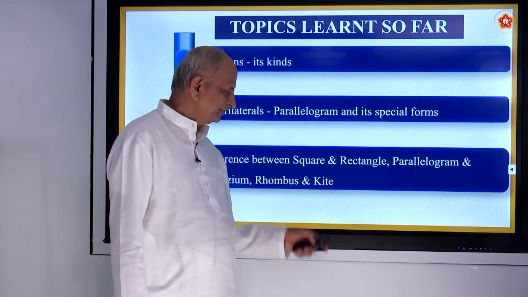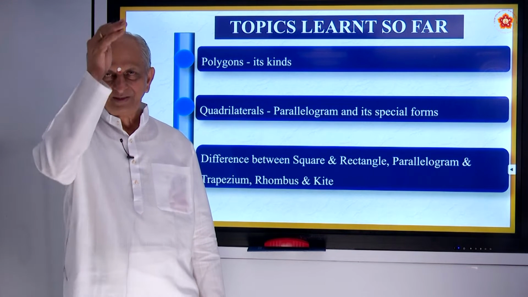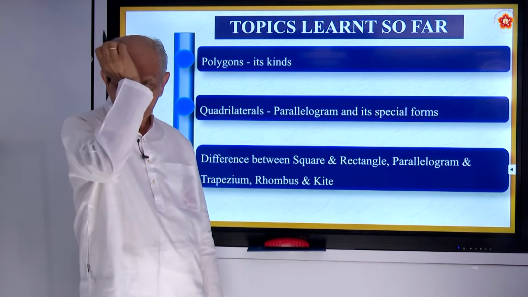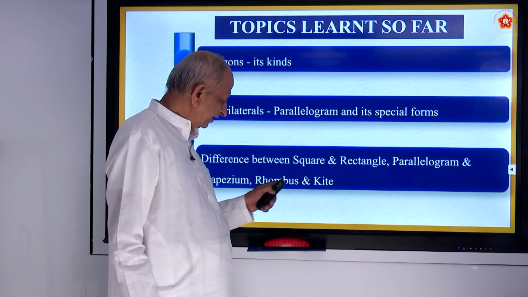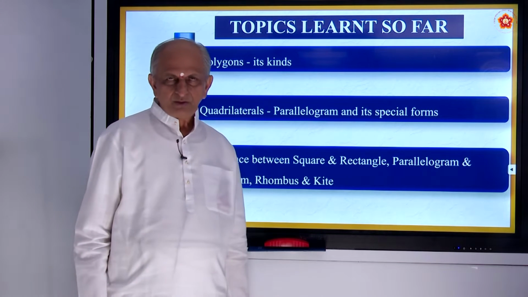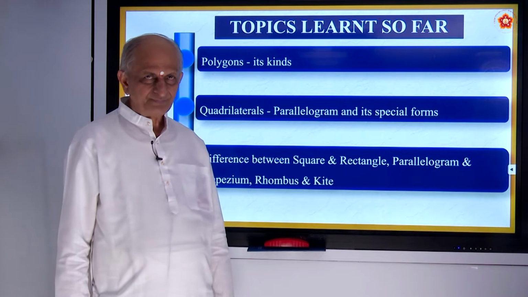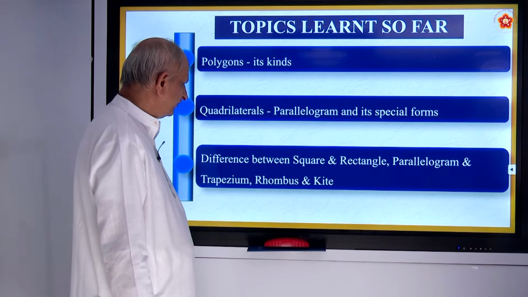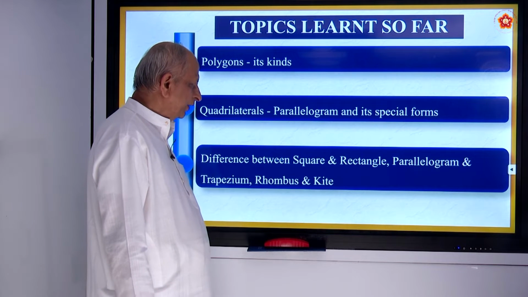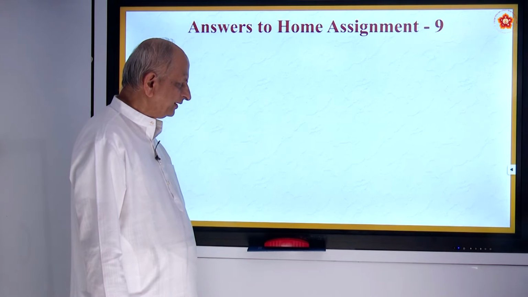In the case of kite, 2 adjacent sides are equal and the diagonals bisect at right angles. Coming to the difference of these two, in rhombus all the sides are equal, but in kite only adjacent sides are equal, correct? And they are the differences between the different kinds of quadrilaterals.